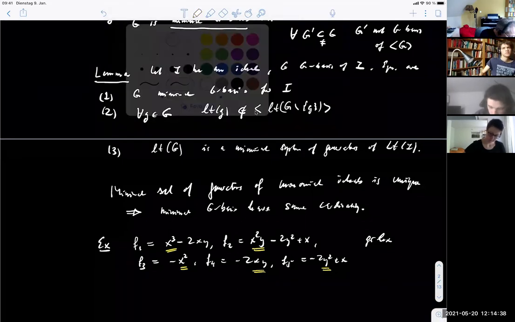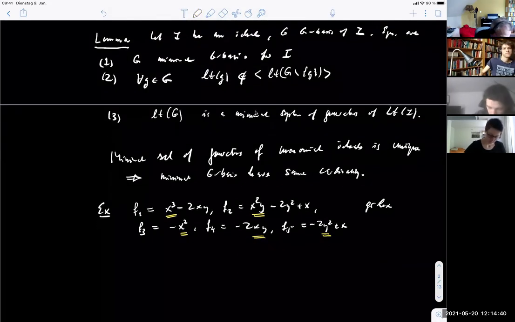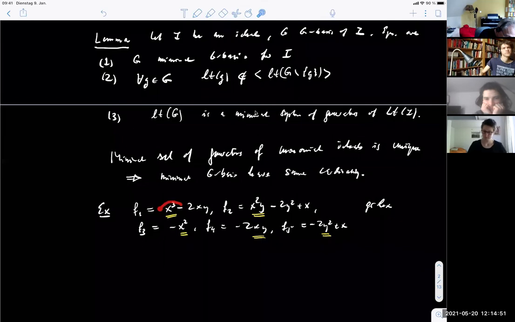Now if you think about minimality, we see that F1 and F2 we don't need. F1 has x cubed as a leading term, but x cubed is just a multiple of x squared, so F1 we can kick out. F2 has x squared y, that's a multiple of xy, so F2 we can kick out. The others need to stay.